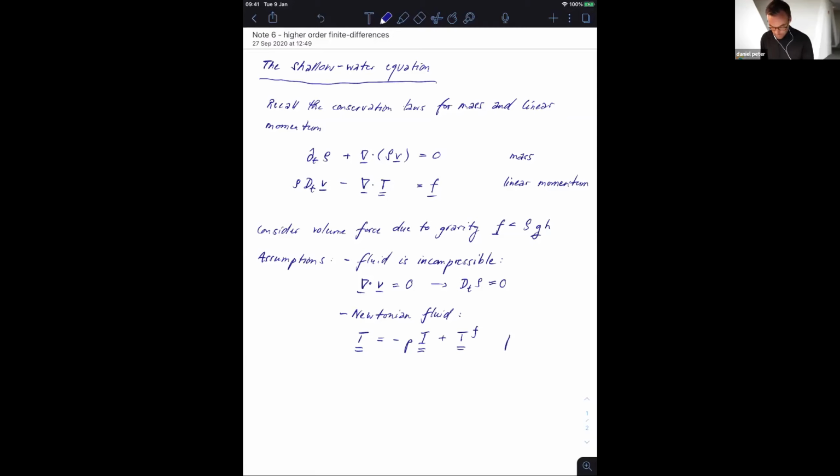So P here is the pressure, if you want, the hydrostatic pressure. And the I, this thing here, is just a unit matrix or unit tensor, with ones on the diagonals.